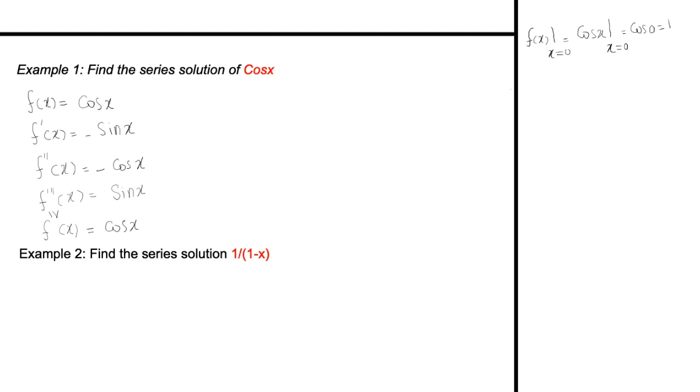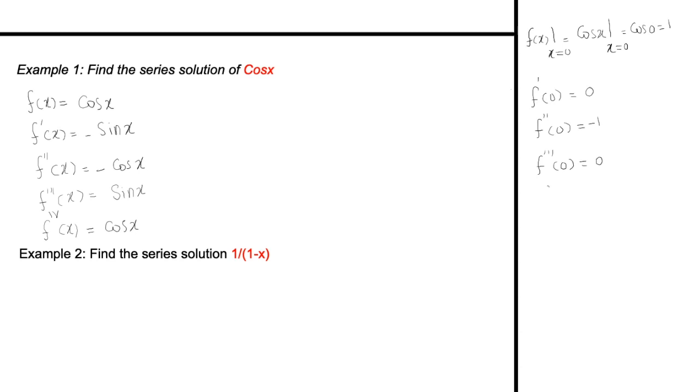Similarly, we can find the derivatives at x equal to 0. So f prime 0 will be 0 because sine 0 vanishes. f double prime 0 will be equal to minus 1. f triple prime 0 will be equal to 0.